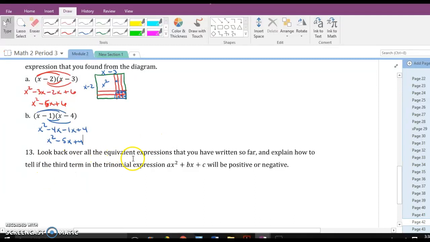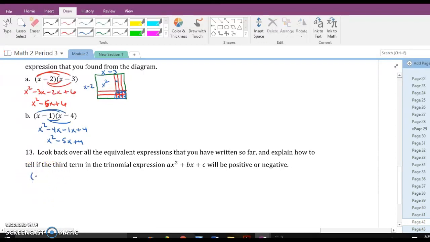So look back over all the equivalent expressions that you've written so far and explain how to tell if the third term in the trinomial expression ax squared plus bx plus c will be positive or negative. If you have not taken the time to look at this, how would you determine, right?